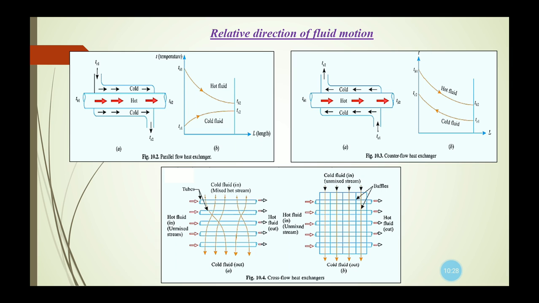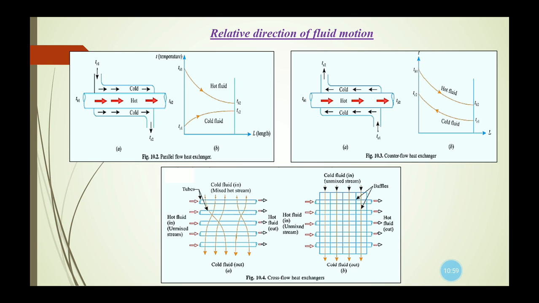Here you can see the arrow signs: the hot fluid is represented by the red arrow sign, and the cold fluid by the black arrow sign. These are moving in the same direction. Now these two streams of hot and cold fluids enter at one end and leave at the other end because they are parallel to each other.